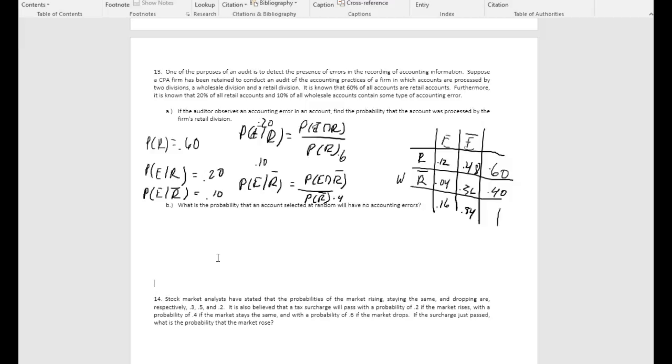So now we go to answer the question. If the auditor observes an accounting error in an account, find the probability that the account was processed by the firm's retail division.